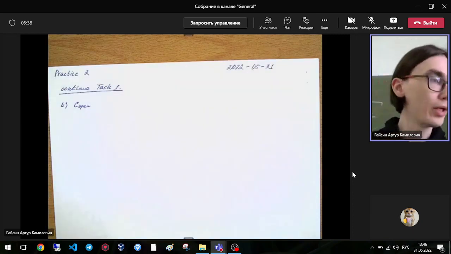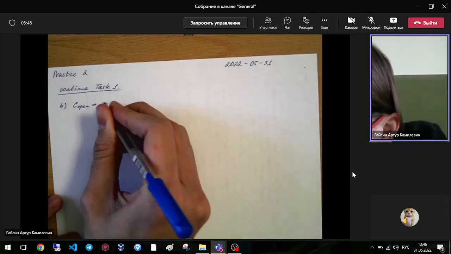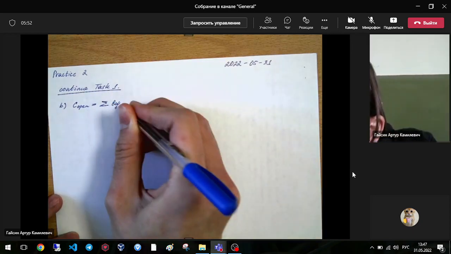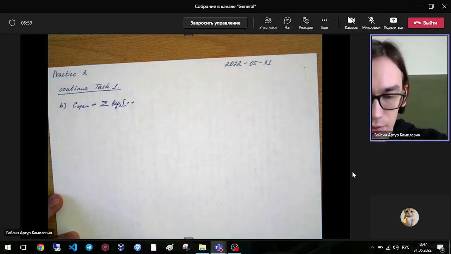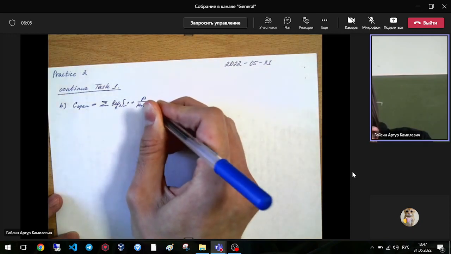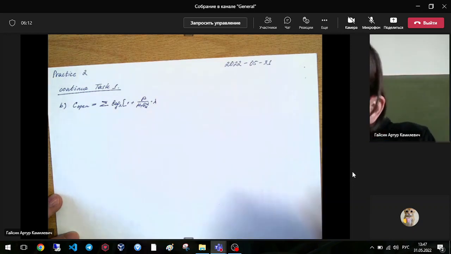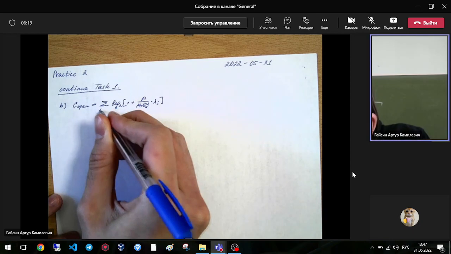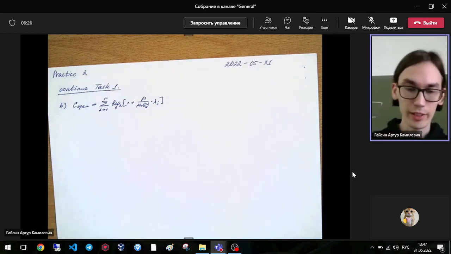And we can use the equation as follows. So the sum of logarithm base 2 of 1 plus P divided by Mt times sigma n squared, and then we multiply it with our eigenvalues, with index i, and this i goes for the sum from 1 up to R, which means the rank of the channel.